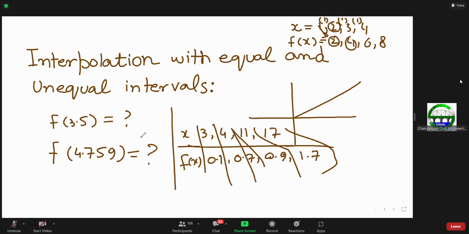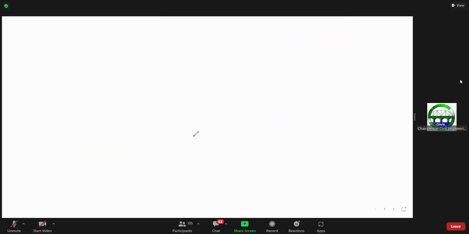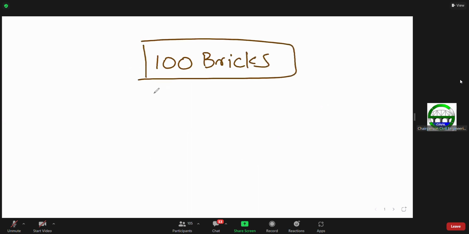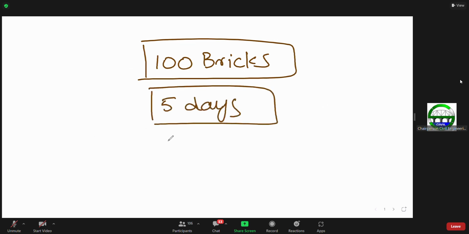For example, in management, someone says you need 100 bricks every day for 5 days to build a house, just as an example.